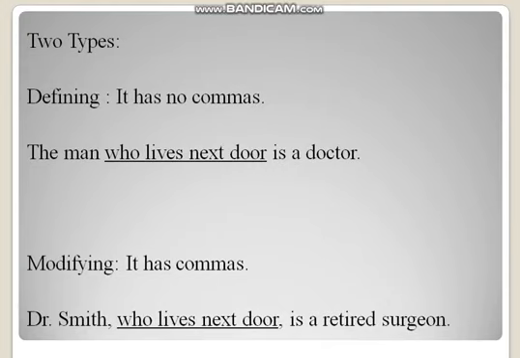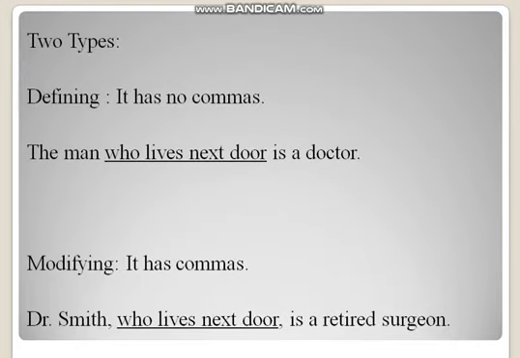So now here we didn't know which man, so that's why it is a defining adjective clause. Why? Because it is defining the noun man here. It is giving some definition to the noun man here: the man who lives next door is a doctor.